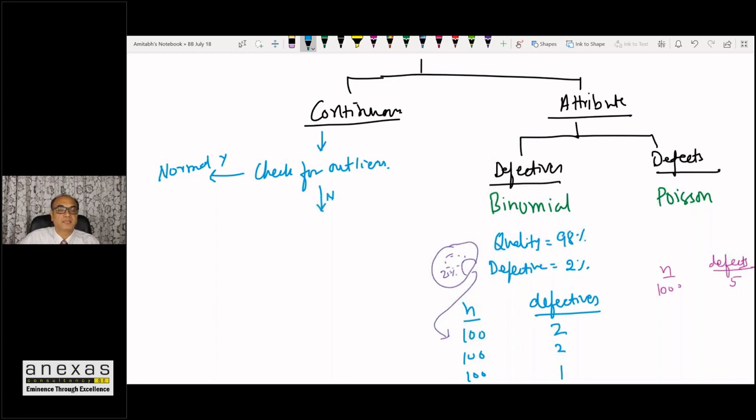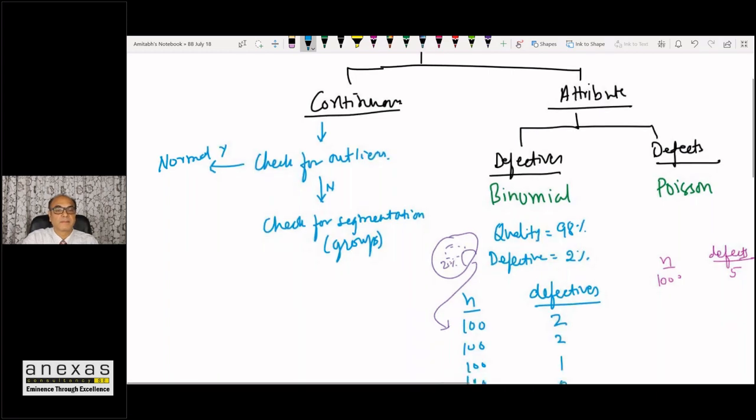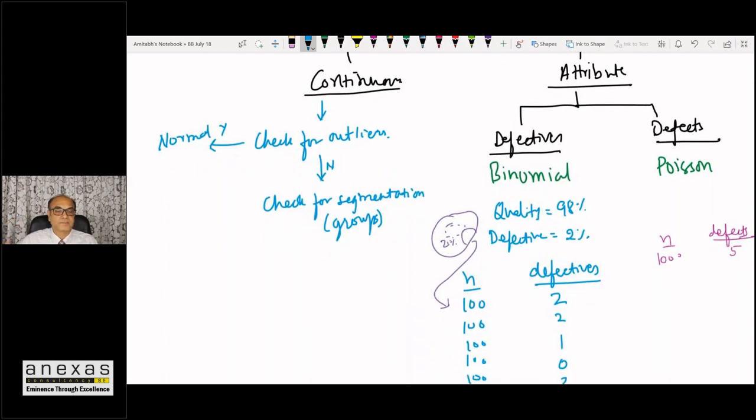Suppose outliers are not there and it still remains non-normal, then check for segmentation. Segment or stratify the data. We call them groups, right? Make groups. Maybe after making proper groups, it will become normal.